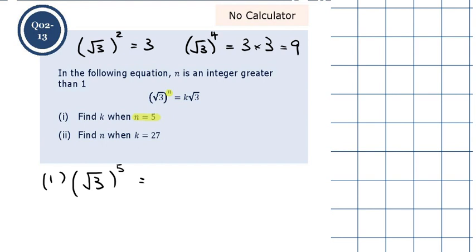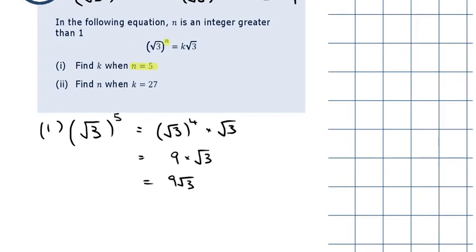So what have I got here? I have square root of 3 to the power of 4 multiplied by square root of 3. So I've got 3 times 3 is equal to 9, so I've got 9 times square root of 3, which is 9 root 3. There's no kind of rule for this.